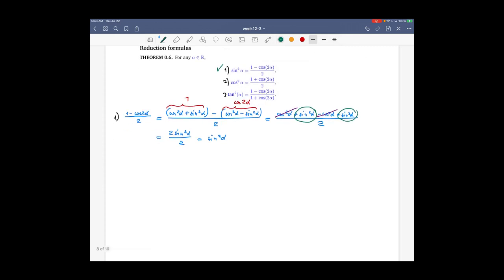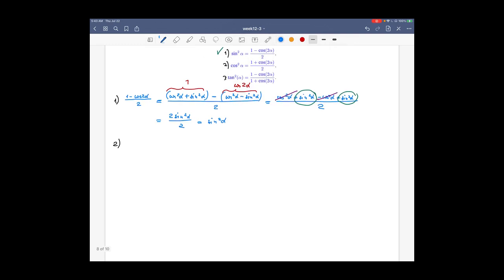For the second formula, the argument is very similar. We take 1 plus cosine of 2 alpha, and again apply the same two identities, writing 1 as cosine squared plus sine squared, and cosine of 2 alpha as cosine squared minus sine squared.